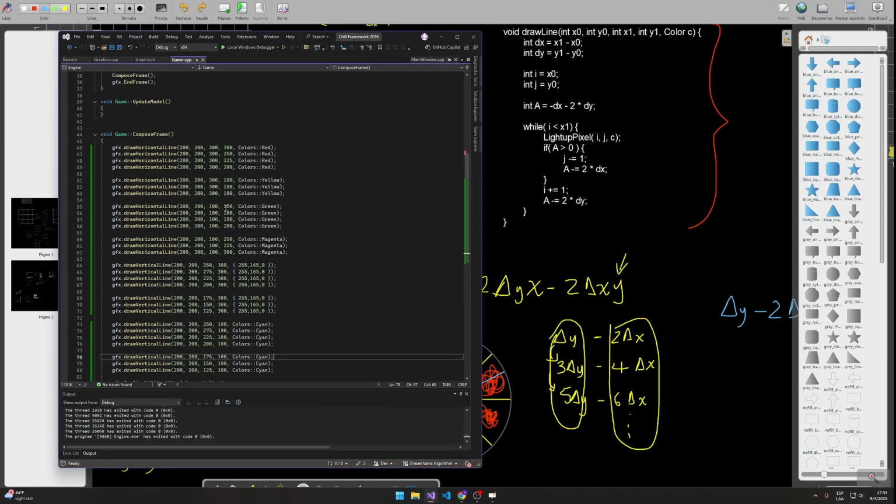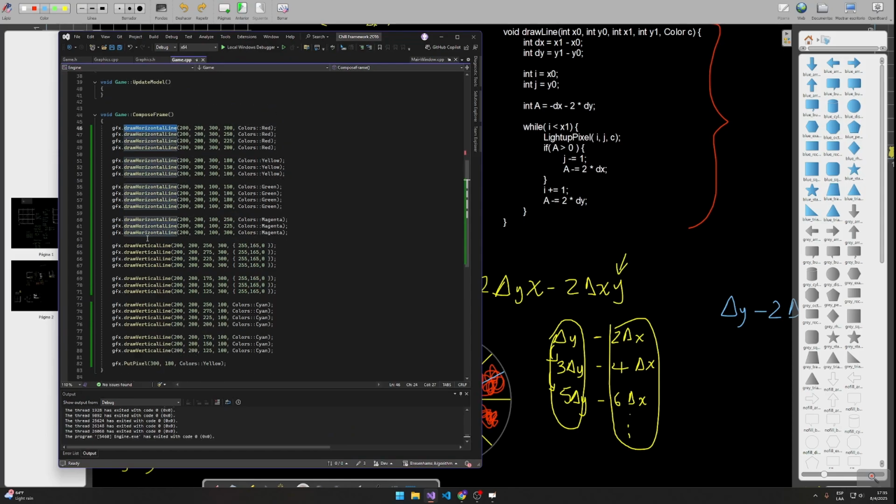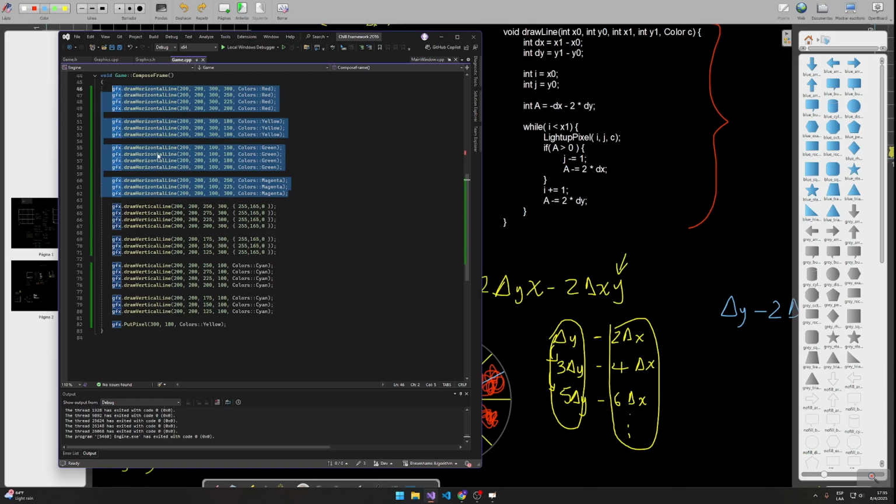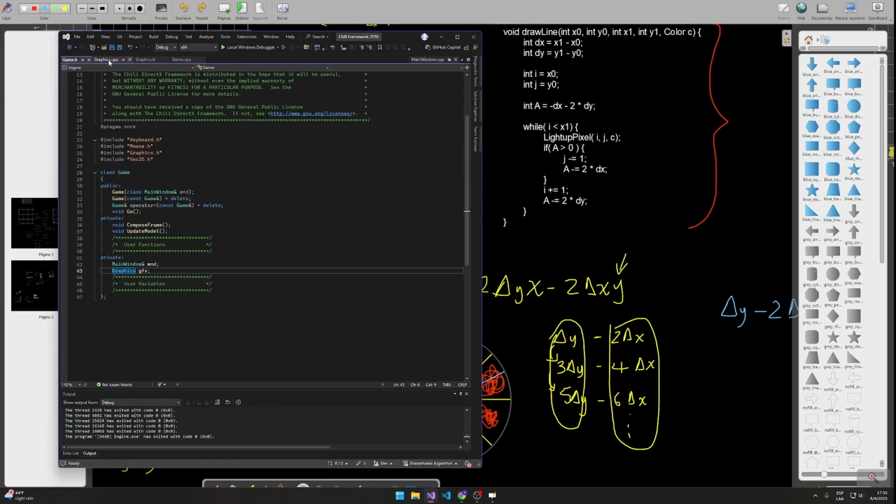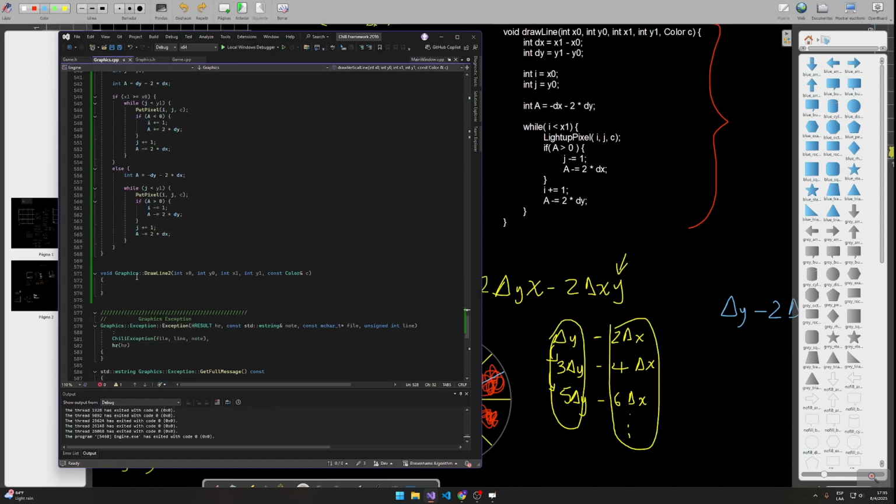So what's left? Notice that now I have two versions, and I just need to determine when I'm going to have to draw a horizontal or when I'm going to have to draw a vertical line. And that, of course, is based on, let me just check graphics. In the final method, I'm going to name it drawLine 2 because I already had a drawLine method before making the video.